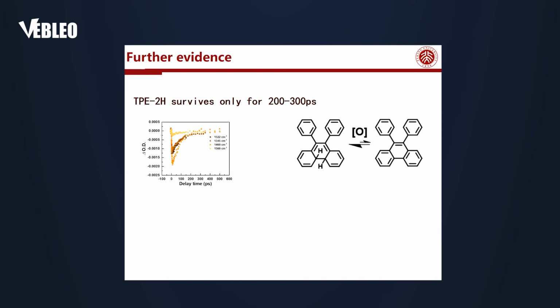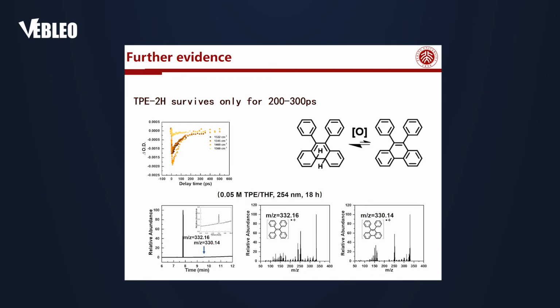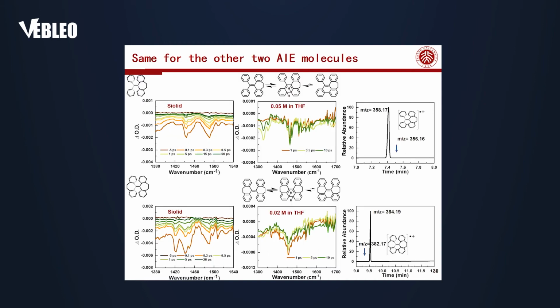However, if we can oxidize this cyclization product, it can form a very stable molecule on the right. And then we can use mass spectrometry to directly test the existence of this cyclization product. In fact, for all the AIE molecules we measured, after electron excitation, they all form this cyclization product, and it can be detected after being oxidized.